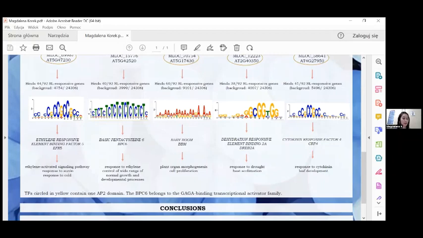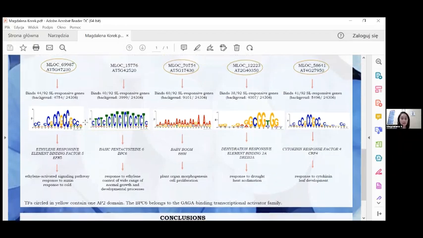Here in the picture there are sequences of the binding sites of these transcription factors, and these may be considered as strigolactone regulatory elements, which may be conserved both in dicot plants and in monocot plants, because they are found in both the barley and the Arabidopsis transcription factors.